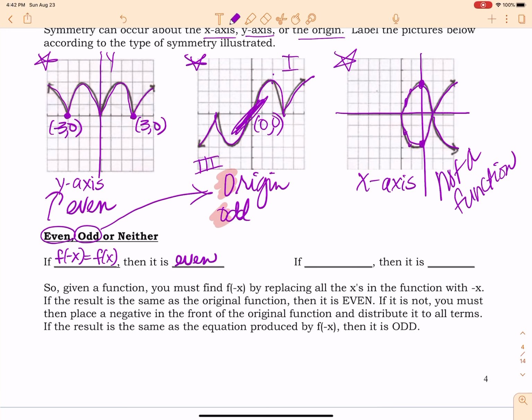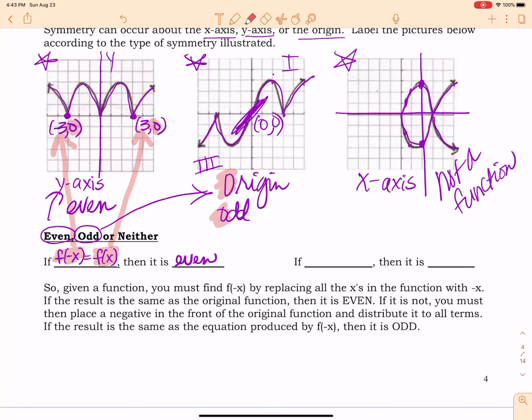So I want you to look at this. I'm going to use a highlighter here. f of x, positive x, right there. f of negative x, that same x is negative right here, okay? And are those equal to each other? Are the y values equal? Yes, they are. There you go.